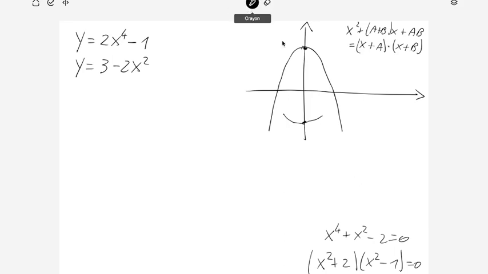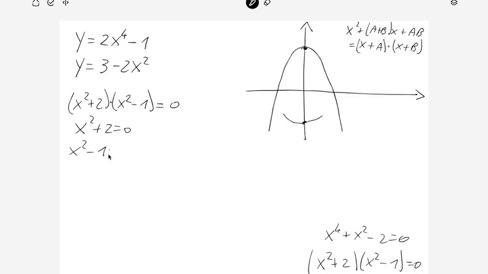Okay, so in this case, 2 and minus 1, the sum of 2 and minus 1 is 1, and the product is minus 2, and so this is good. Okay, so x squared plus 2 times x squared minus 1 is equal to 0. In order to solve it, this is a product, so a product is equal to 0 if the first factor is equal to 0 or the second factor is equal to 0.